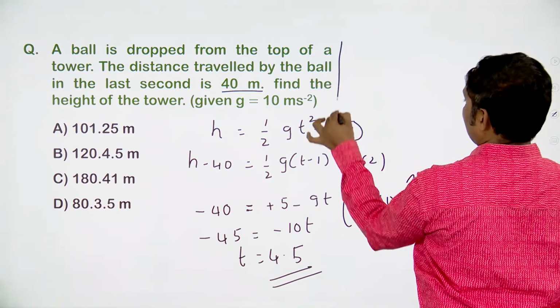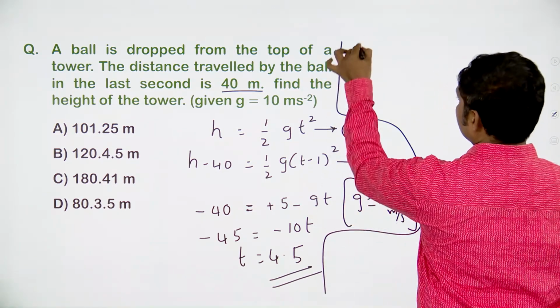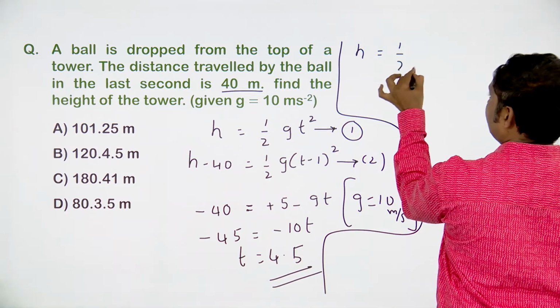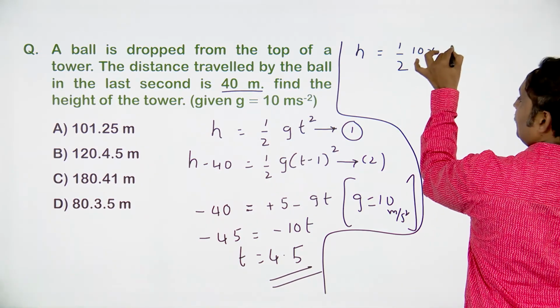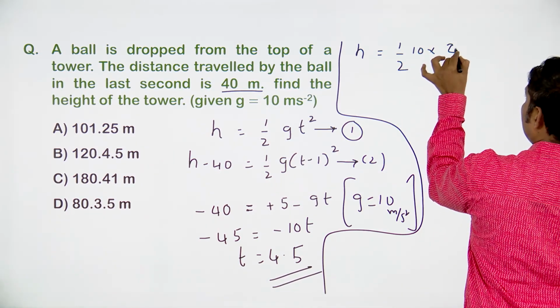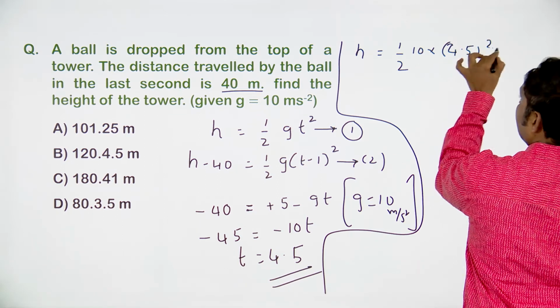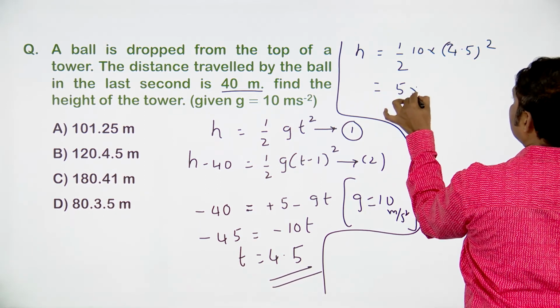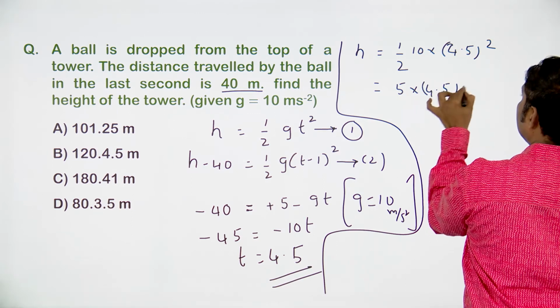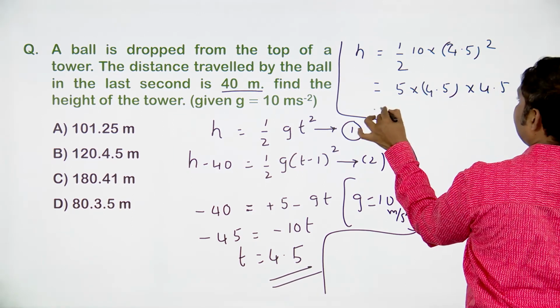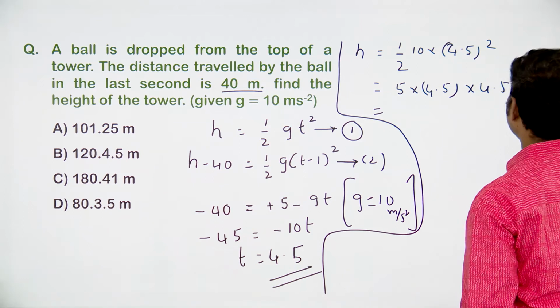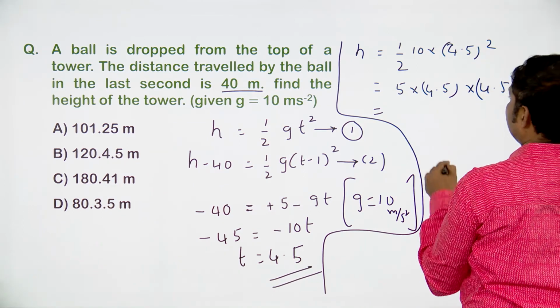Therefore, your aim is to calculate h is equal to 1 by 2 into 10 into 4.5 whole square. You will get 5 into 4.5 into 4.5. Just solve this problem, easily you will get that.